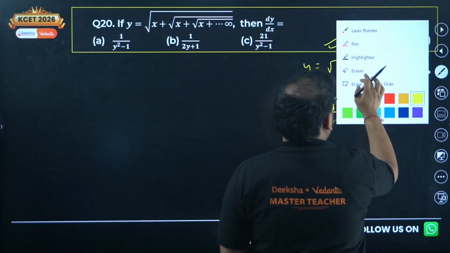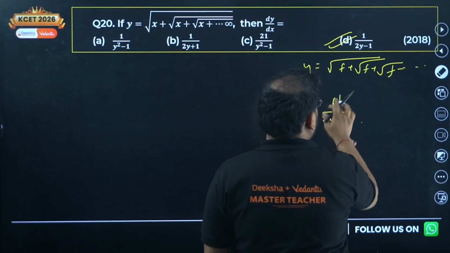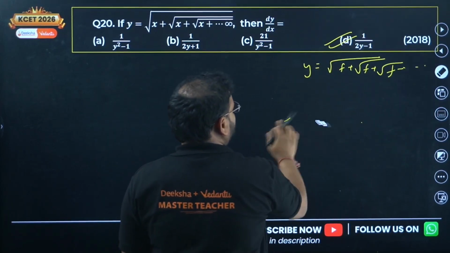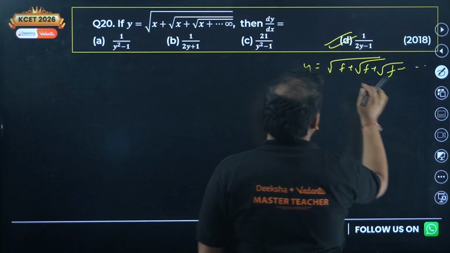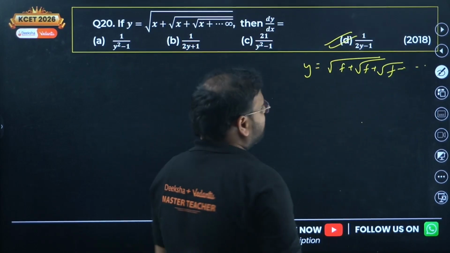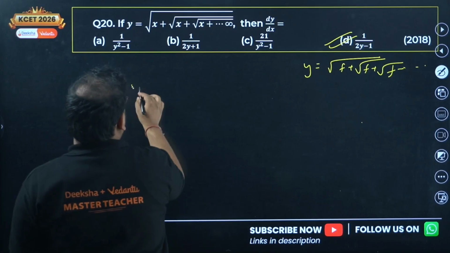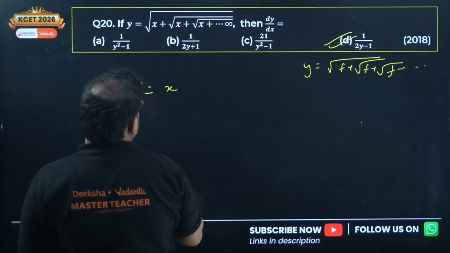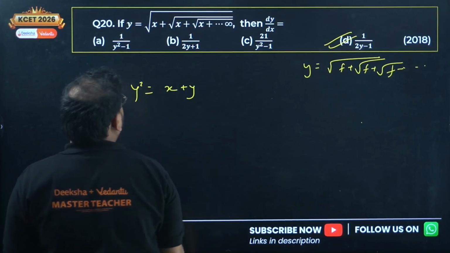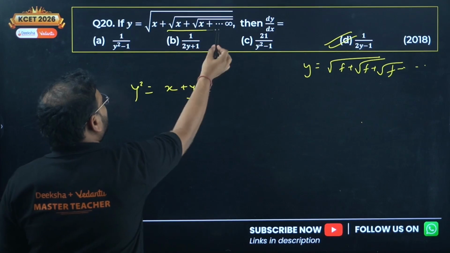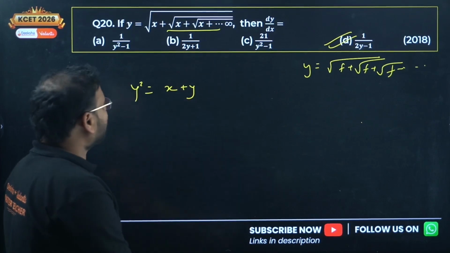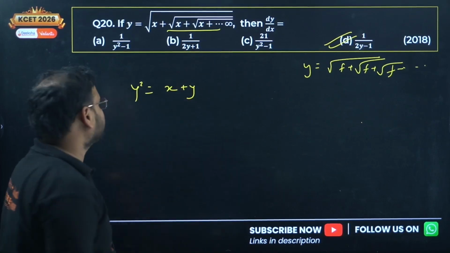Because in this case, your function is x. Derivative of that will be 1. So how do you solve this question? Y square equals simply x plus y, because I can write this as simply y. So if you square it up, it will become x plus y.